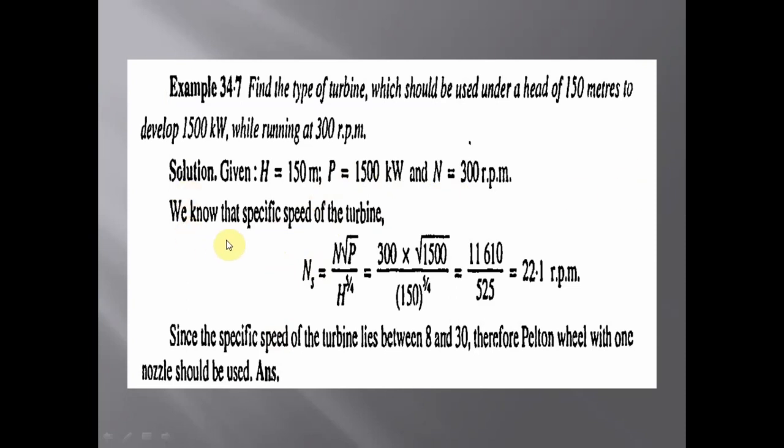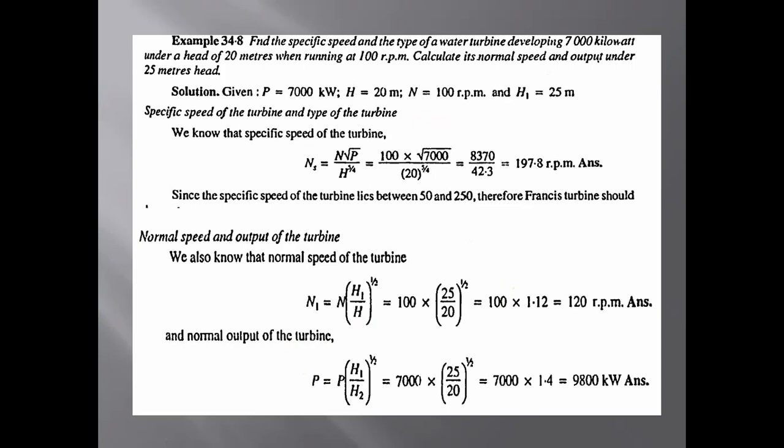We know the specific speed of turbine Ns = N × √P / H^(3/4), that is 300 × √1500 / 150^(3/4), that is 11610 divided by 525, that is 22.1 rpm. Since the specific speed of the turbine lies between 8 and 30, therefore a Pelton wheel with one nozzle should be used.